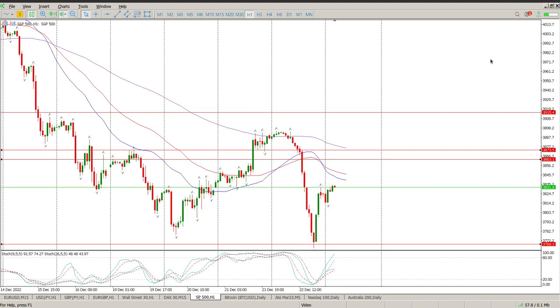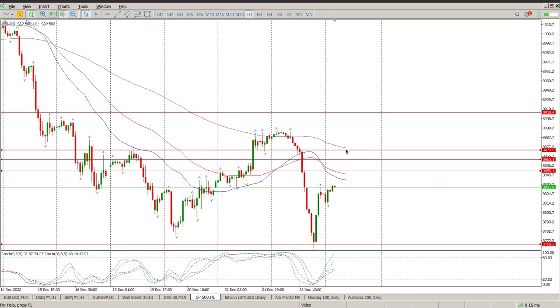Could be a case of a flag forming, looking to test an area, and there's another one there. So these are levels to pay attention to, and this is something I would only look at in the first hour and a half to 2 hours of trading in the US session: a rejection of 38.50, 38.63 or 38.73.